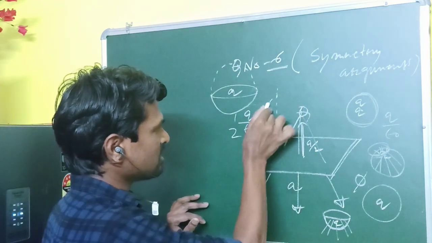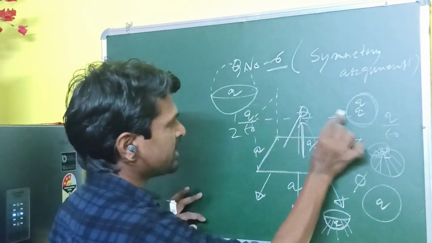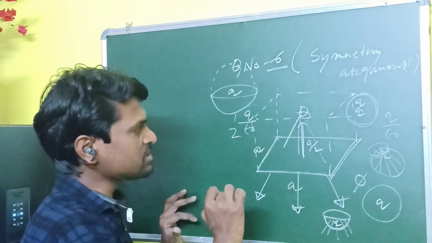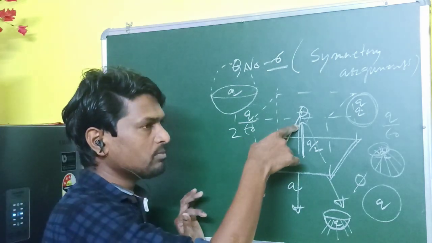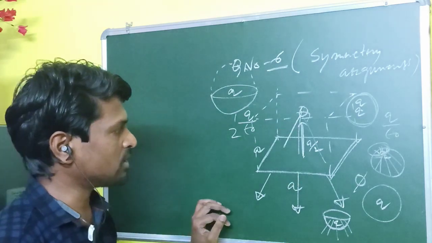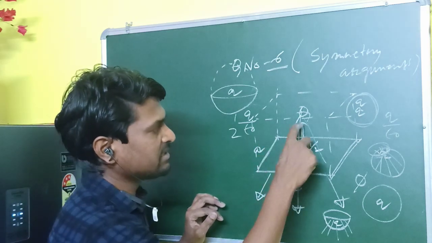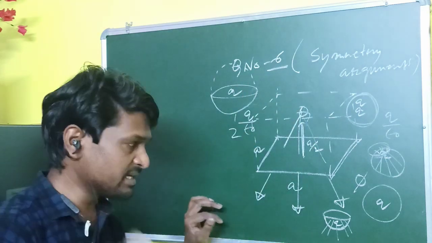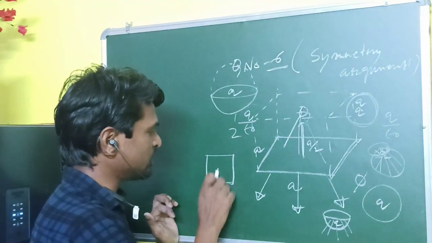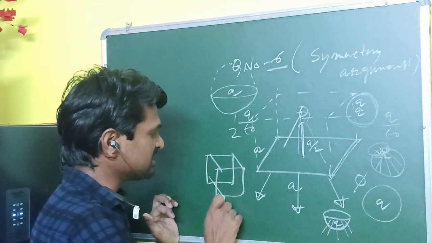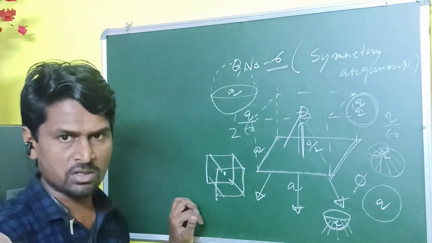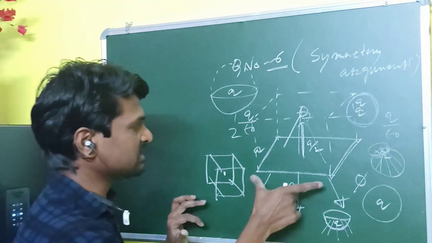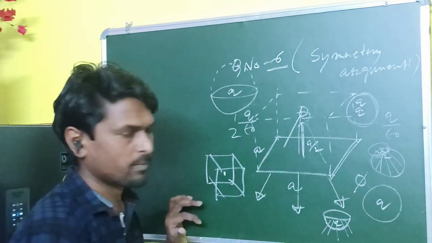So imagine a cube, and think the charge is within the cube. Yes, it is within the cube because it is a by 2. The charge is within the cube. But is the charge at a symmetric position or not? The answer is yes, it is at a symmetric position, because this is a and this is a by 2.